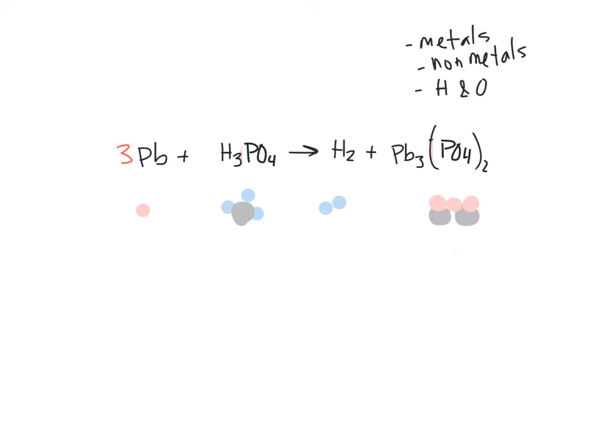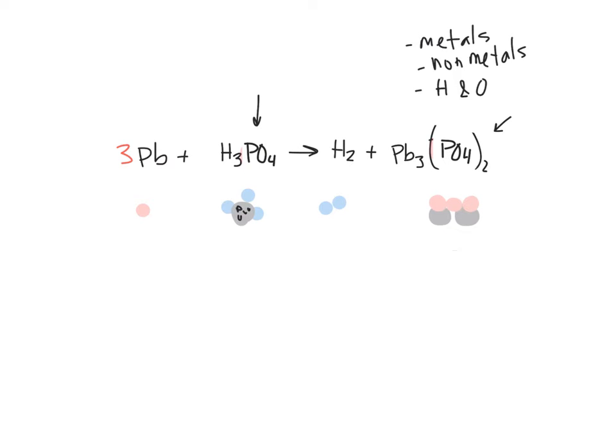So notice that my phosphates act as one big group. If I wanted to, I could zoom in there and draw my phosphorus and my oxygen, but I don't need to, because I know that it's all together over here and it's still together over here, so I can pretend like it's one big group. So that's why I use the gray blob.